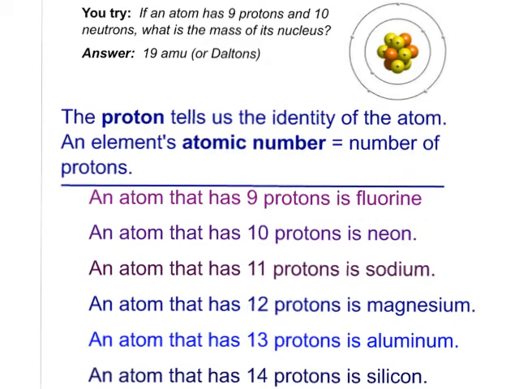That makes it a fluorine atom. An atom that has 10 protons is neon. If an atom has 11 protons, it will be sodium. Magnesium always has 12. Aluminum always has 13, and so forth and so on. The atomic number is what we call the number of protons that an atom has, and that is what makes it the element that it is.